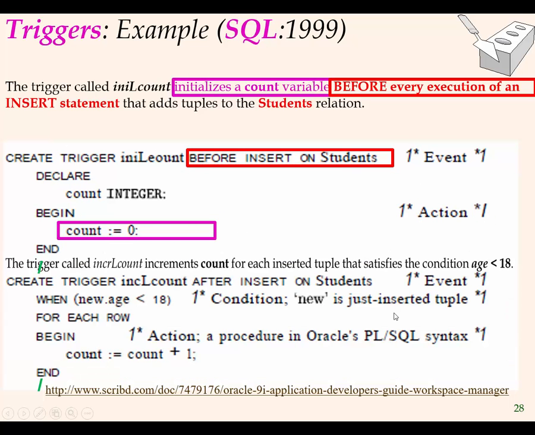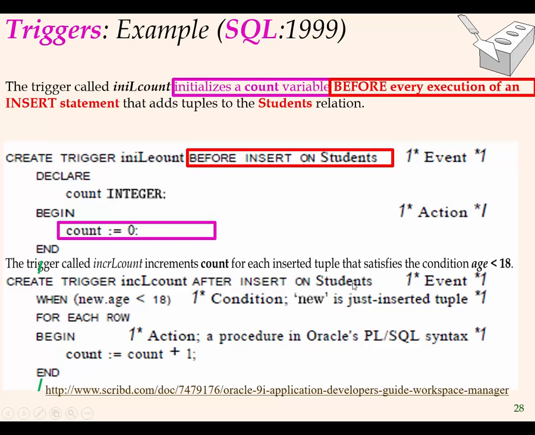Now let's look at another trigger that increments the count. Okay, so create trigger keywords. The event is after insert on students. So these are keywords, and this is the relation.